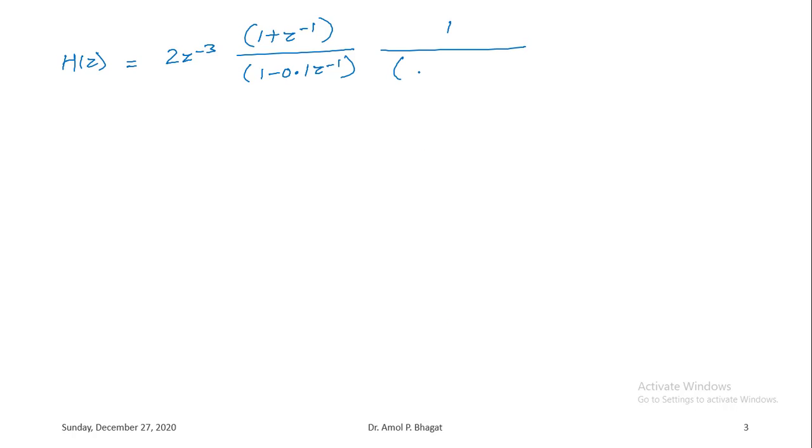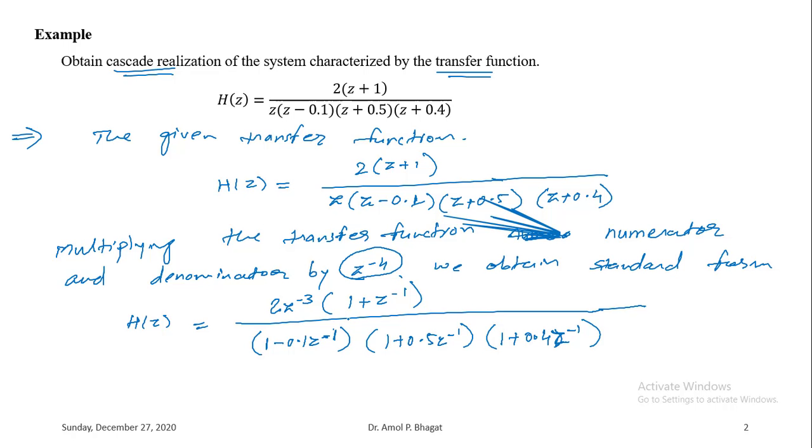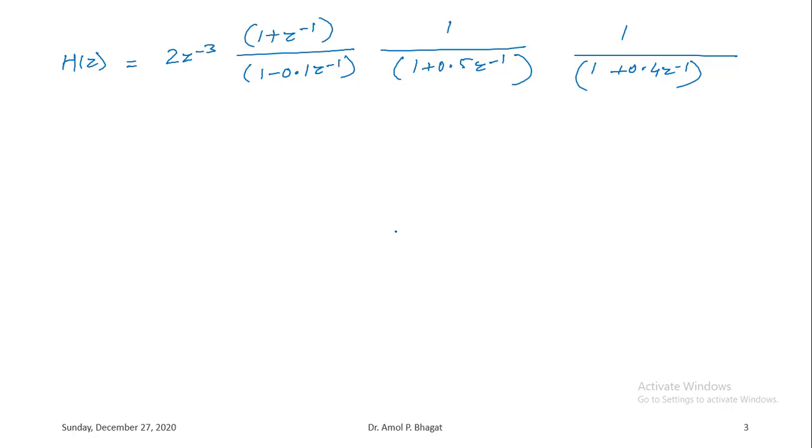And this last term will be 1 upon 1 plus 0.4 z inverse. So the same equation is there; I have simply rearranged these terms, or written them as separate multiplication terms, because for cascade realization we'll need these terms in the system function in multiplication form.